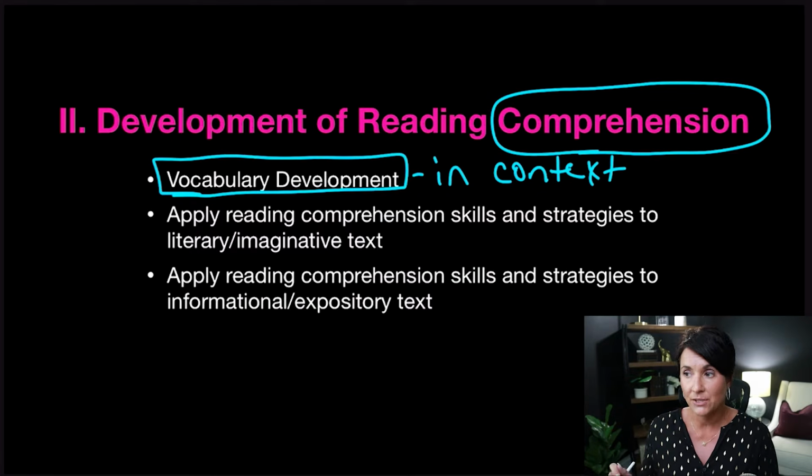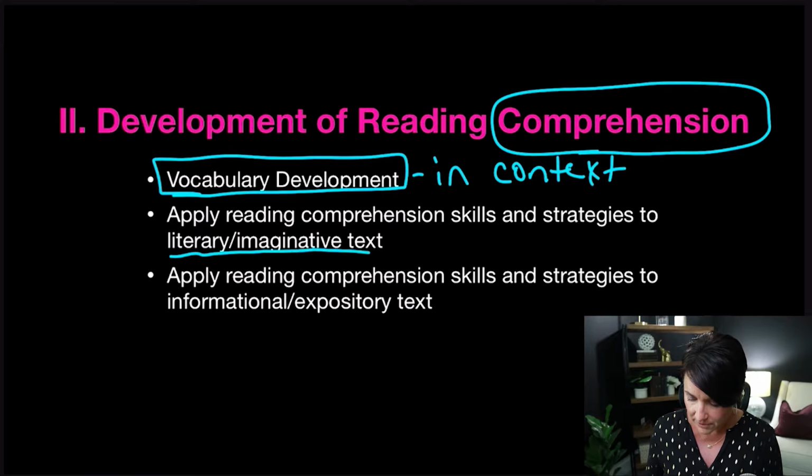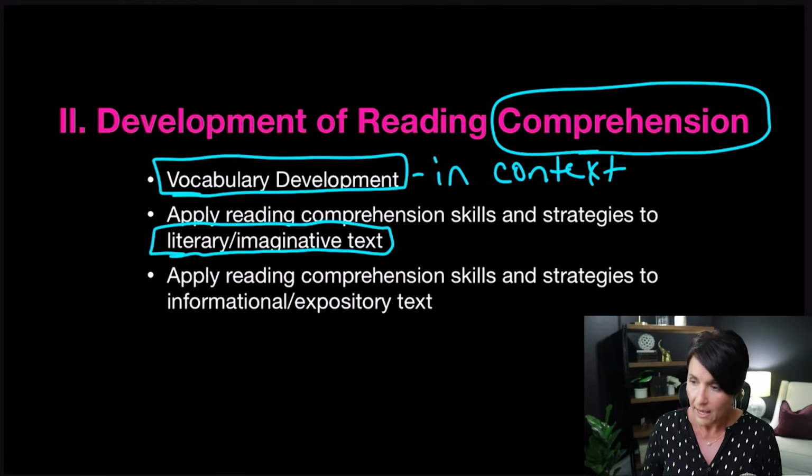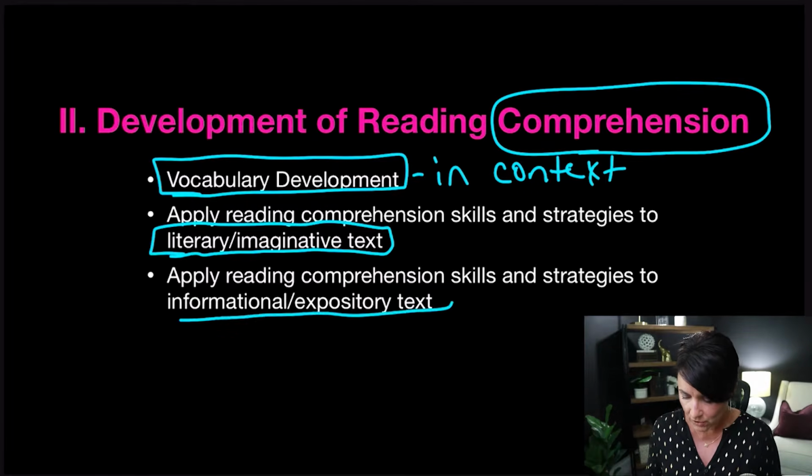Now let's look at the second bullet. Apply reading comprehension skills and strategies to literary/imaginative text. This is basically stories, literary text. And then the third bullet is apply reading comprehension strategies to informational or expository text. Remember, we want to expose students to both literary texts, which are your stories, your more imaginative type things. We also want to prepare them for that informational text, that nonfiction kind of text that they're going to have to achieve on the exam when they take it at the end of the year.